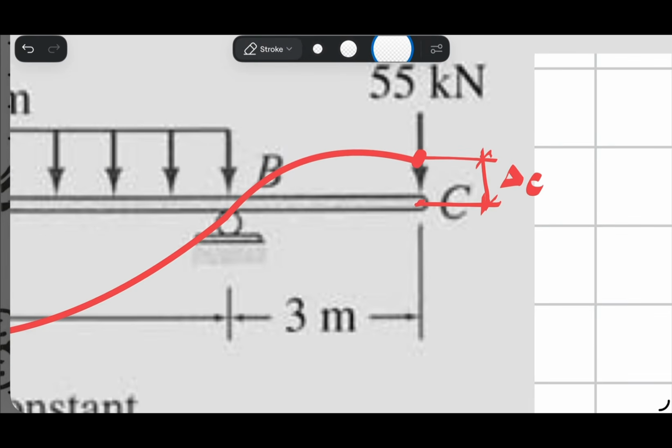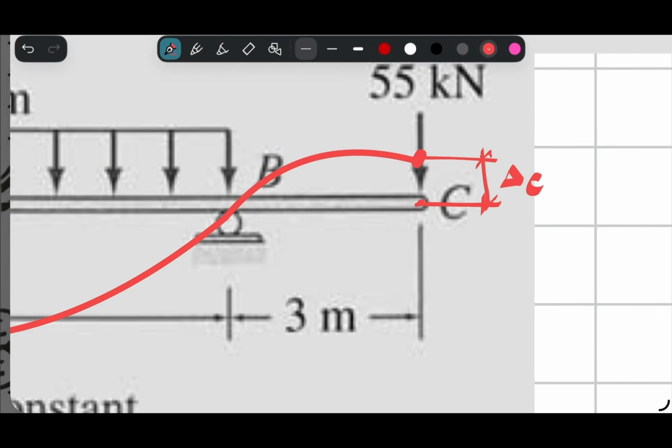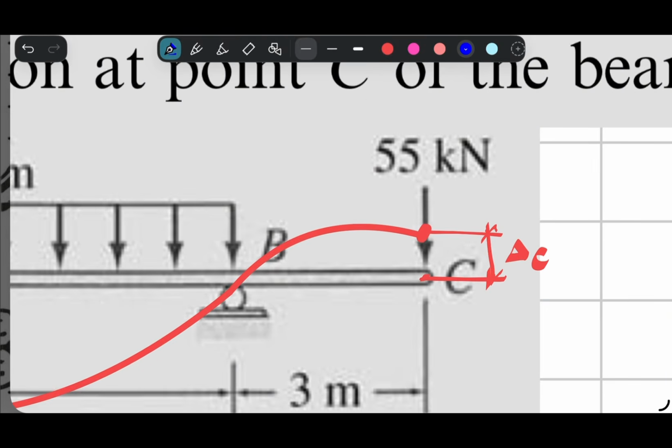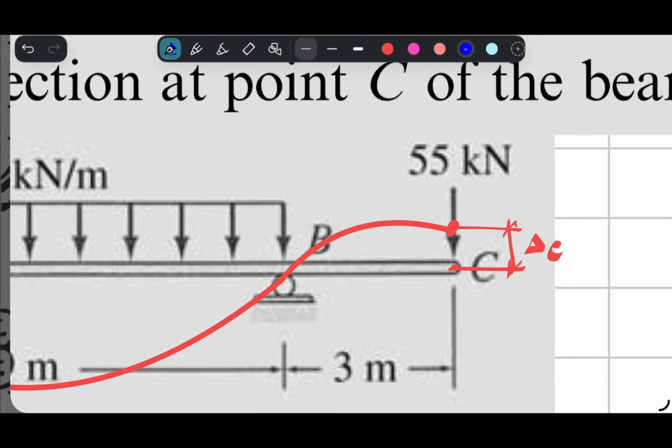To get it, we need to sketch tangent lines to get a relationship. Okay, so we sketch a tangent line tangent to point B of the elastic curve.